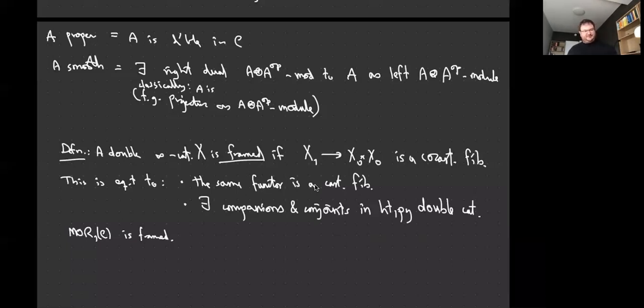Like the trace. It's an instance of something you could define in a general symmetric monoidal infinity 2-category, say, and if you think of it like that, it must be invariant under equivalences in that 2-category, which is to say it's Morita invariant.